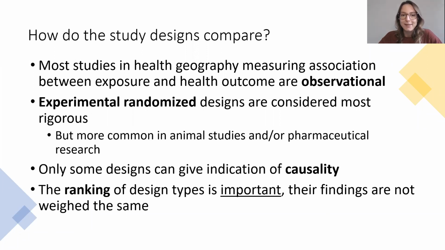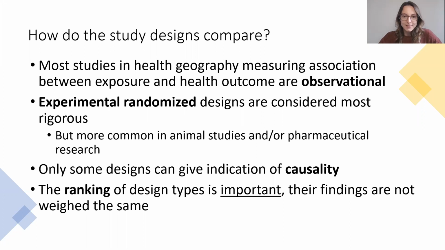It's much more common that you'll find animal studies instead, or eventually you might find research that's related to pharmaceuticals and randomized control trials that are testing the efficacy of drugs, but it's not as common in terms of epidemiology or health geography to find those types of studies because we generally try to avoid using humans as study subjects, particularly for any hazardous substances or exposures that we're not quite sure what the full results might be in the body, how they might impact someone's health.